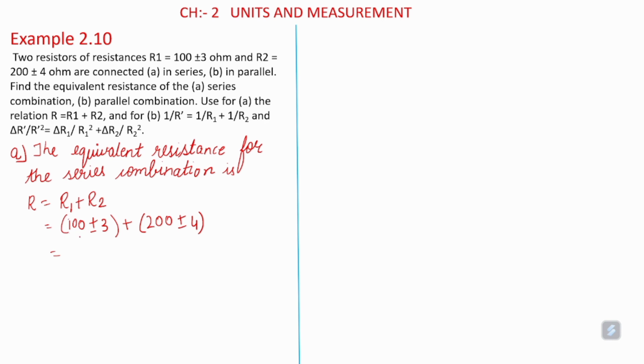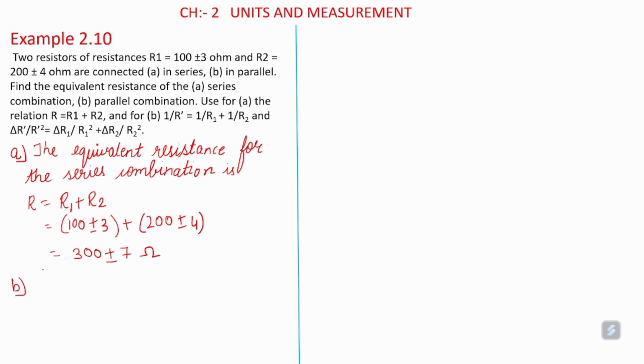So here again we will add the absolute values, 100 plus 200, so it would be 300, and here again, as I have told in example 2.8, we will take the maximum error, so it would be plus or minus 3 plus 4, 7 ohm, right? Unit is necessary to be written. So here we are getting equivalent resistance as 300 plus or minus 7 ohm, right?